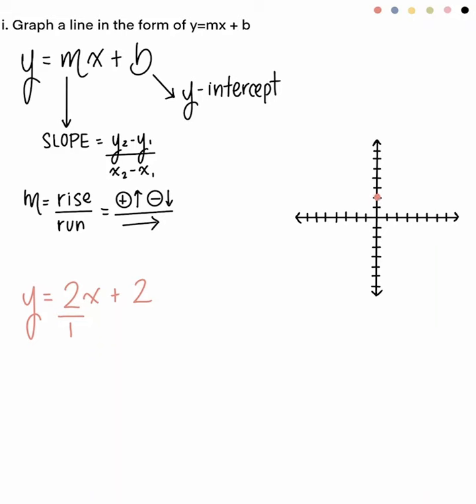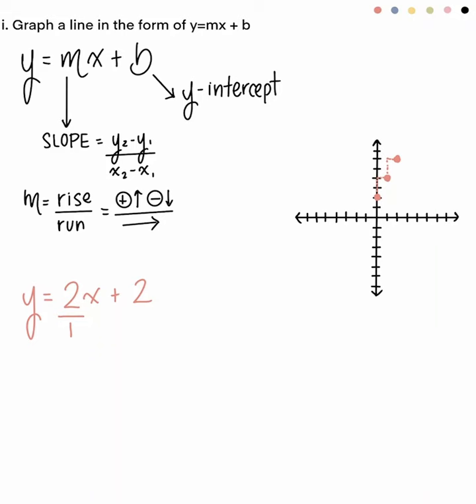Now I'm going to use my m value to create the rest of the dots on the line. I'm going to rise, because it's positive, upwards 2. So 1, 2, and then I'm going to run 1 to the right. We can do that again. 1, 2, and 1 to the right. You can draw as many dots as you need to create a straight line. Some people need to do more than others.